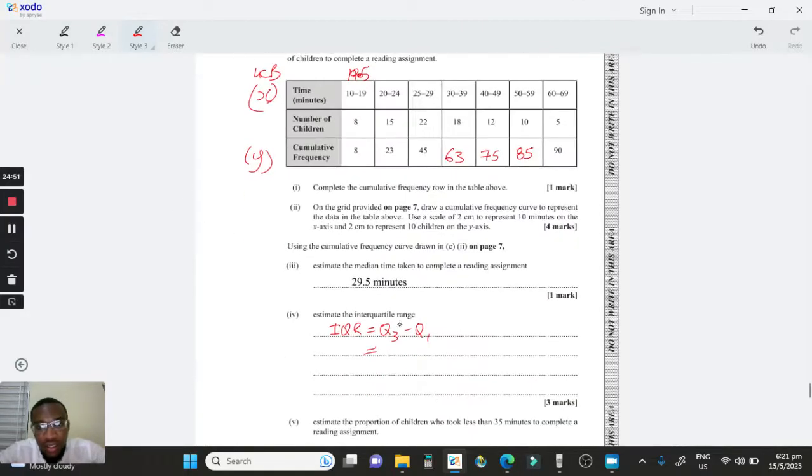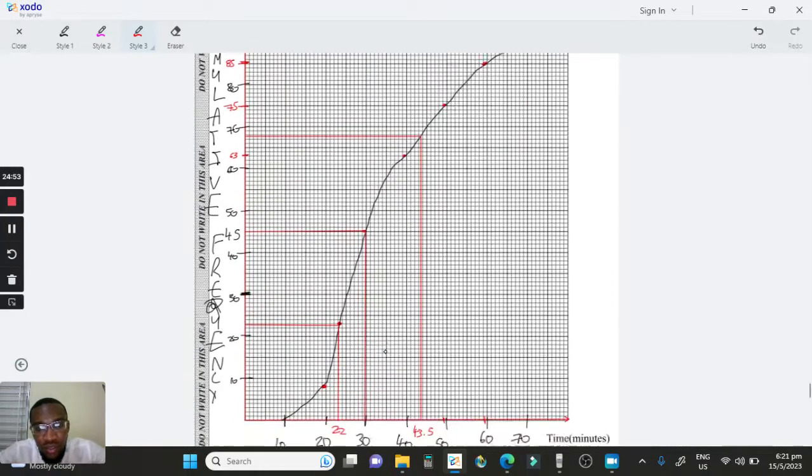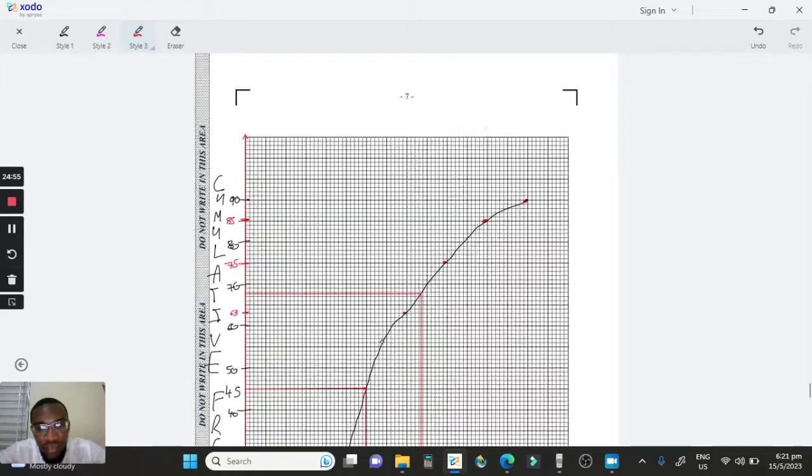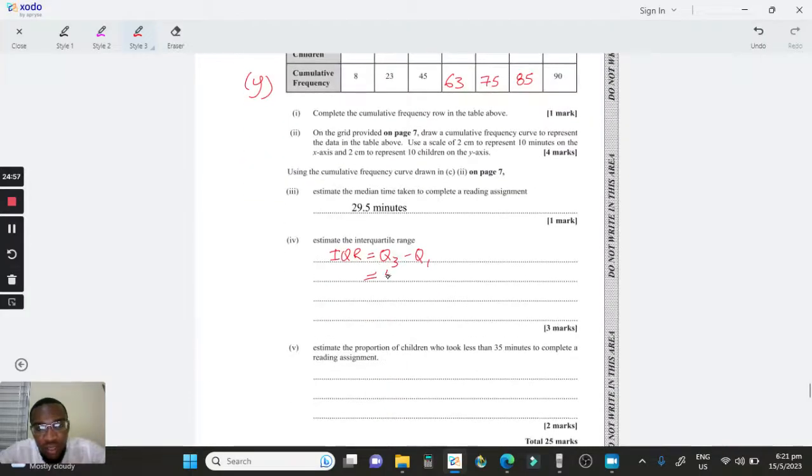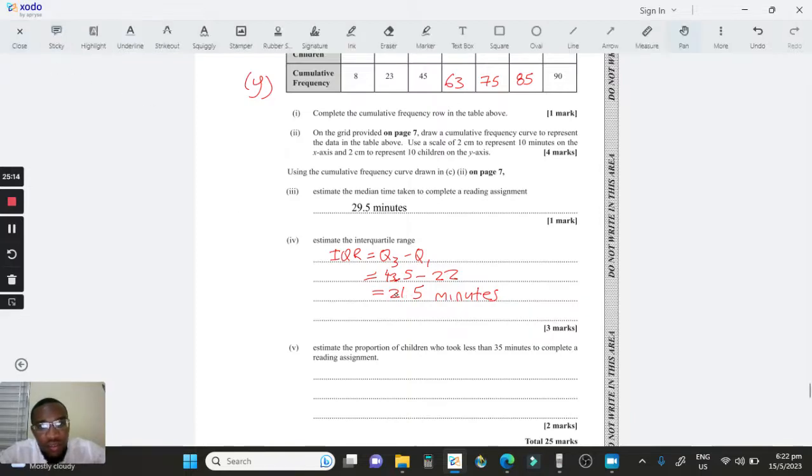So this is now 43.5 minus 22, which is equal to 21.5 minutes. That's 21.5 minutes.